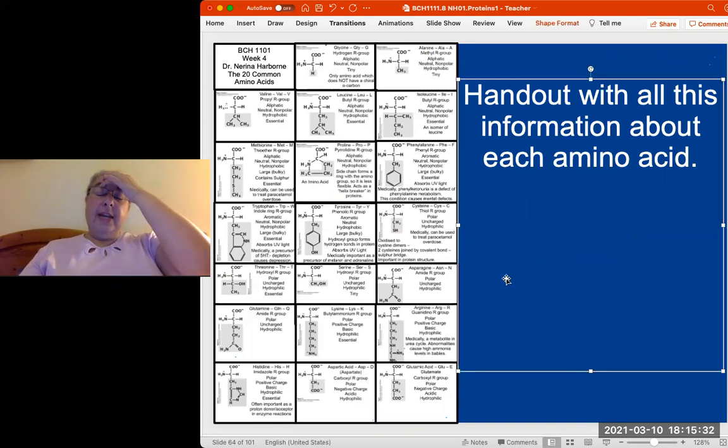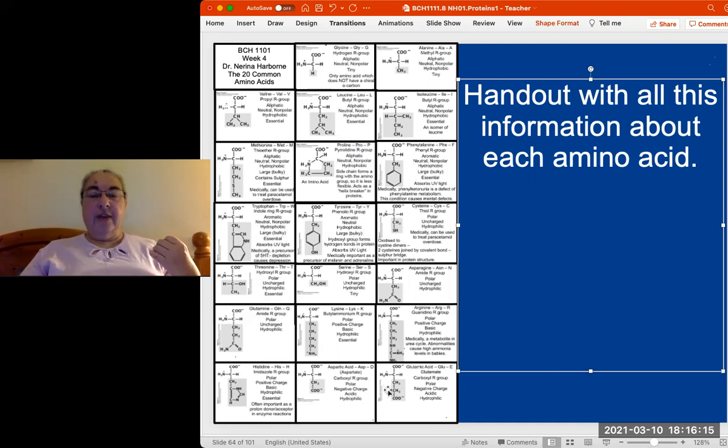And I'm going to be telling you some things about each amino acid, but I also made out a handout with the 20 common amino acids arranged on the handout with a picture of the structure of their R group, their name and their three and one letter abbreviation, a description of the type of chemical group that their R group is, and then just some notes of interest, perhaps, if there's anything that's a bit unusual about that amino acid. I've included it on this handout.